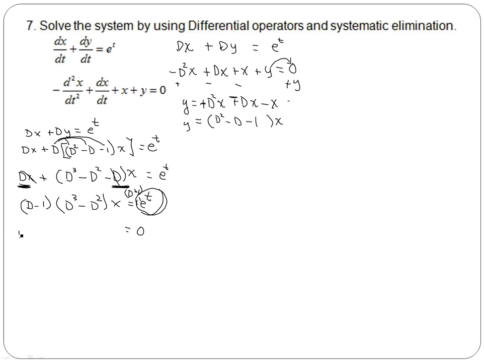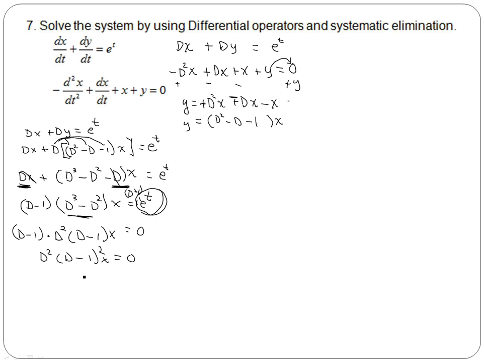And then I get D minus 1 times, I'm going to factor out a D squared, and that leaves me with another D minus 1 is equal to 0. I could write that as D squared times D minus 1 squared equals 0, applied to x.